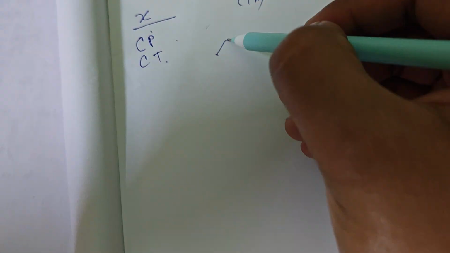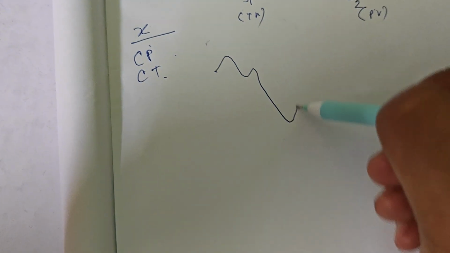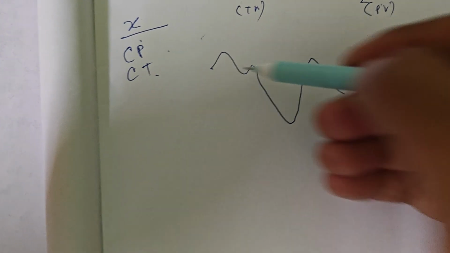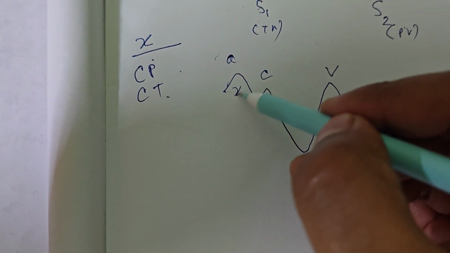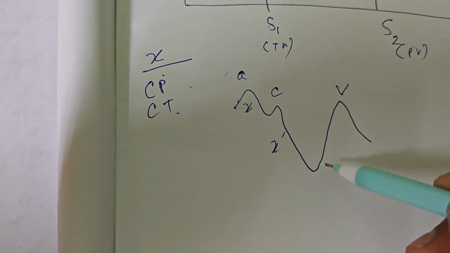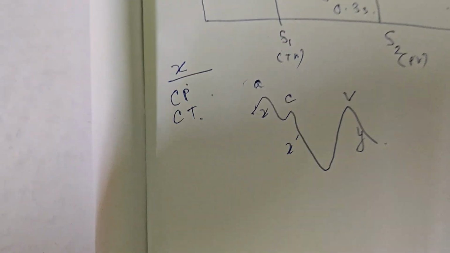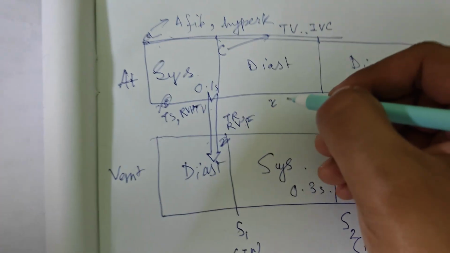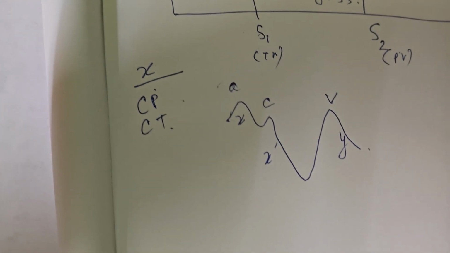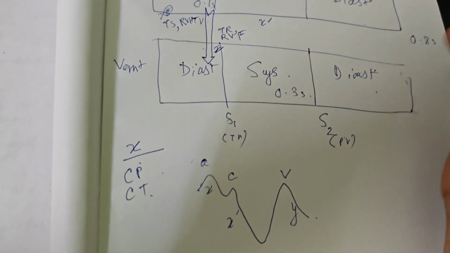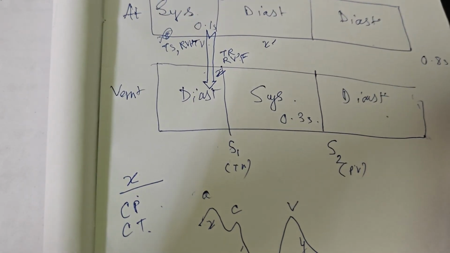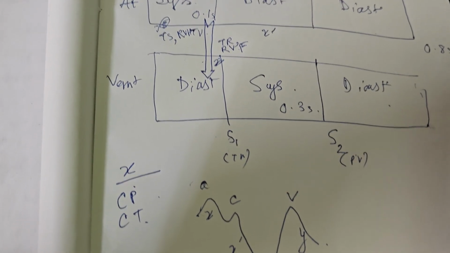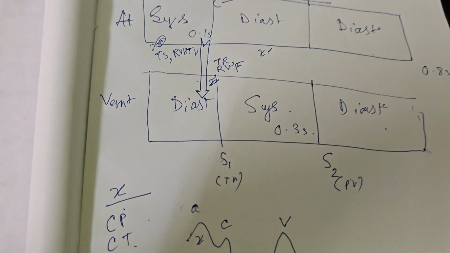Actually, the wave is like A, C, V. So A, C, V, and X, X dash, and Y descent. So this X dash descent lies over here. Do you need to know that X dash descent is also an indicator of your right ventricular function, right ventricular status? So that is there.